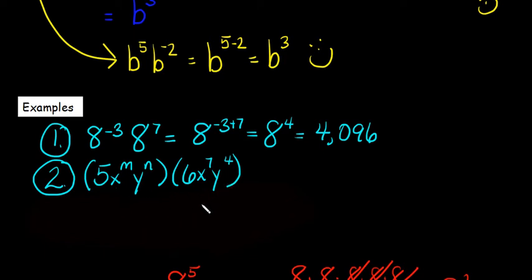Now this looks a little scary because there's a whole bunch of stuff, but we're just going to do it the same way. First, let's distribute this through. 5 times 6 is 30. And I have an x to the m plus an x to the 7, and then y to the n plus a y to the fourth.